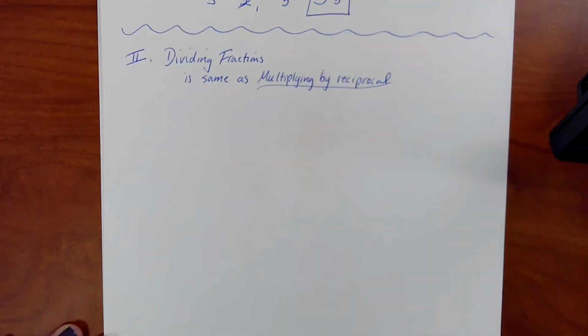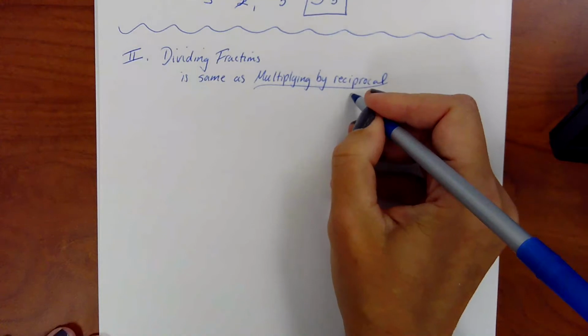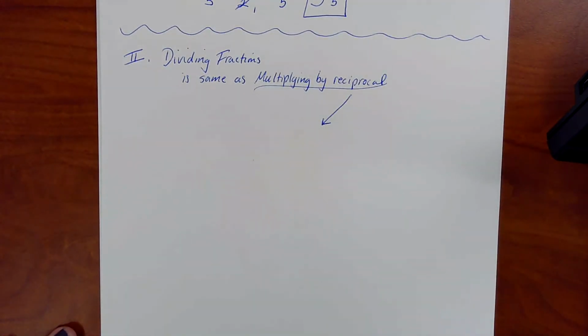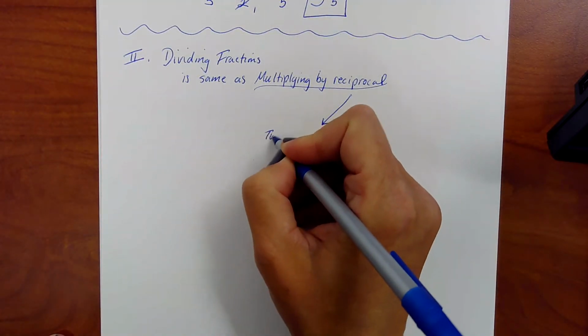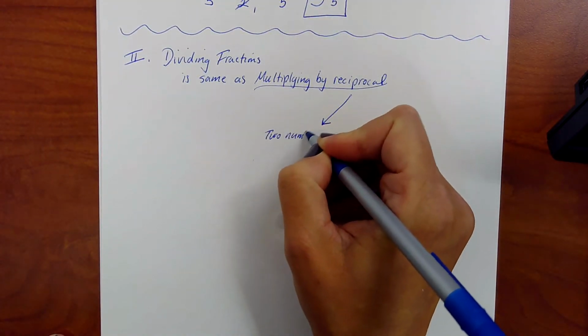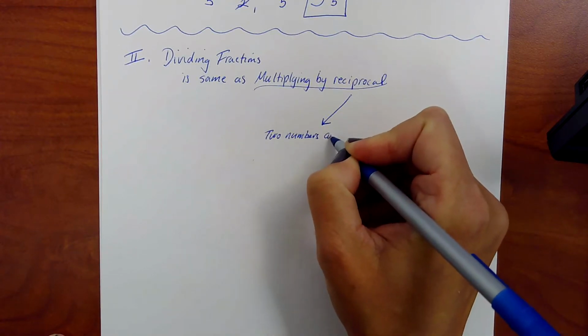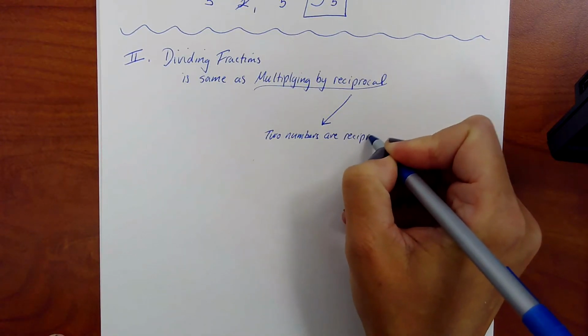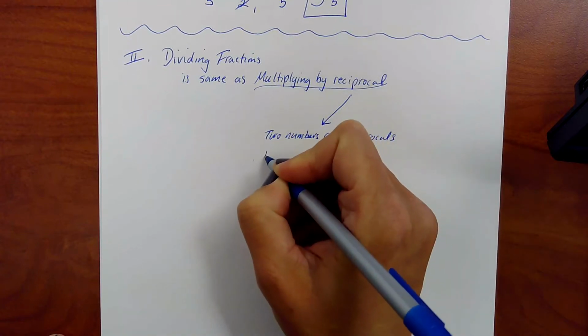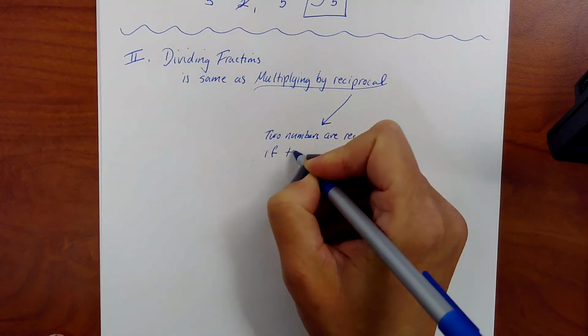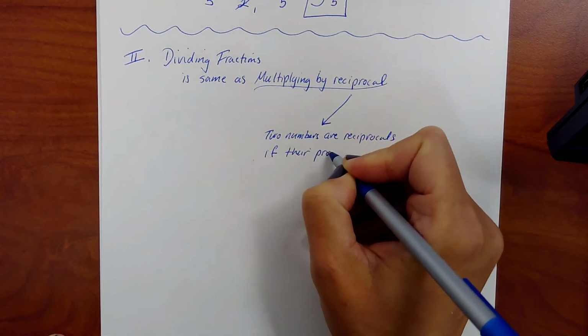Oh boy, what is a reciprocal? A reciprocal is, well, let me write it like this. Two numbers are reciprocals if their product is 1.